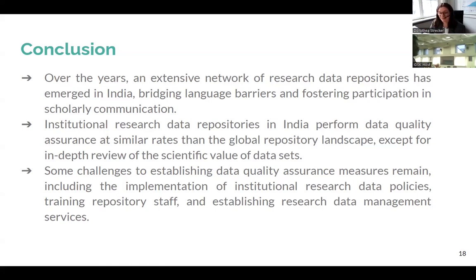So this might take some time. And overall, some challenges to establishing data quality assurance remain. But I think the Indian research data repository landscape is overall very well equipped to deal with these challenges. And I'm really confident that this will only continue to improve over the years.